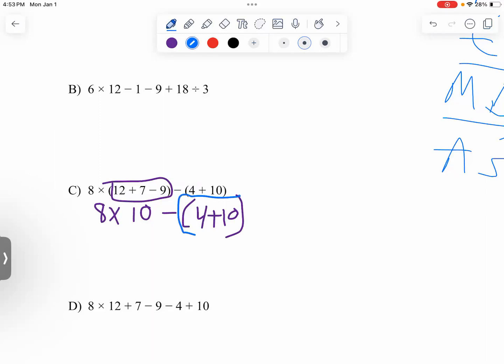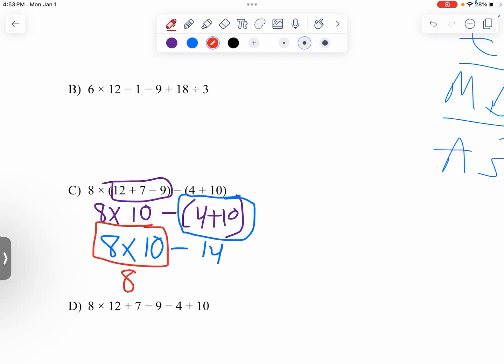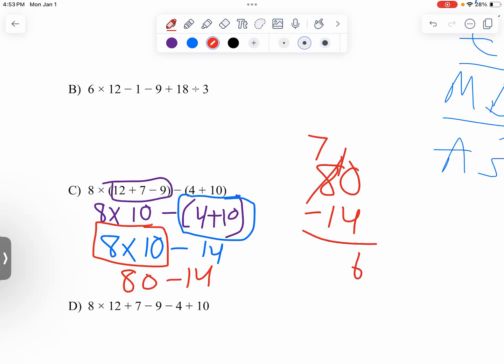So we're going to do the other parentheses next. We're still on the parentheses step. There's 14. And then we recopy the rest of the problem. Now we have a multiplying step. 8 times 10 is 80 minus 14. If you don't know how to do 80 minus 14 in your head, you come over here, you subtract like normal, and we get 66.